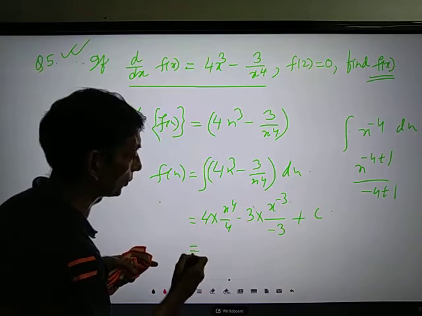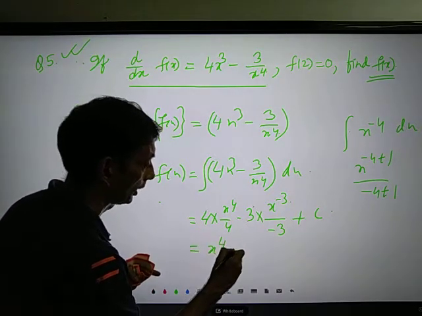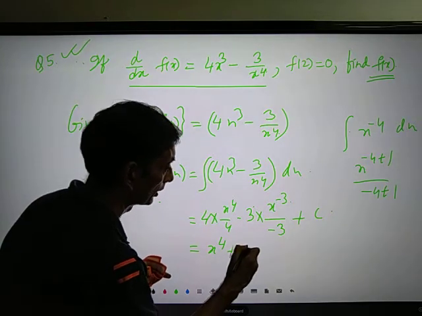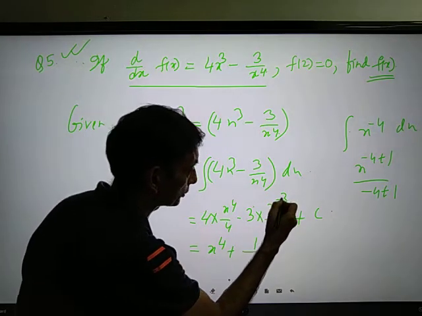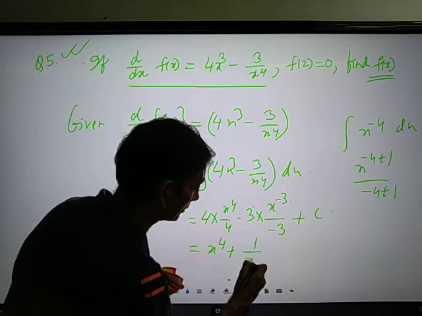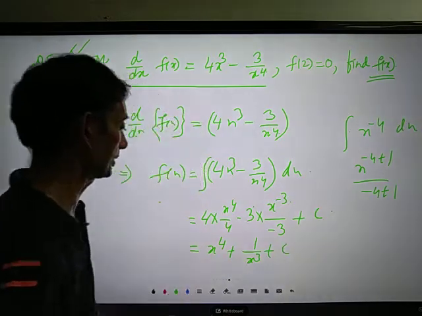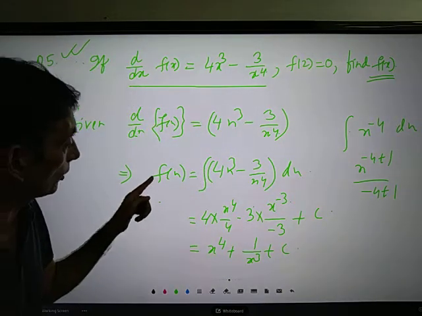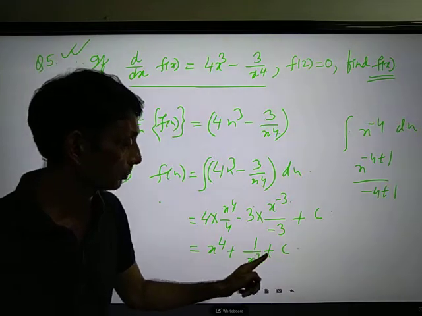Now we cancel out 4 4, it will be x to the power 4, and 3 3 cancel out, it's plus 1 by x to the power 3, plus c. It's almost done. We got the value of f(x): x to the power 4 plus 1 by x cubed plus c.